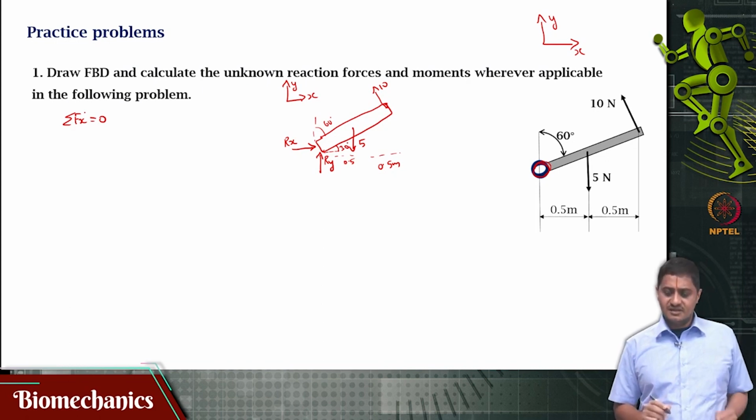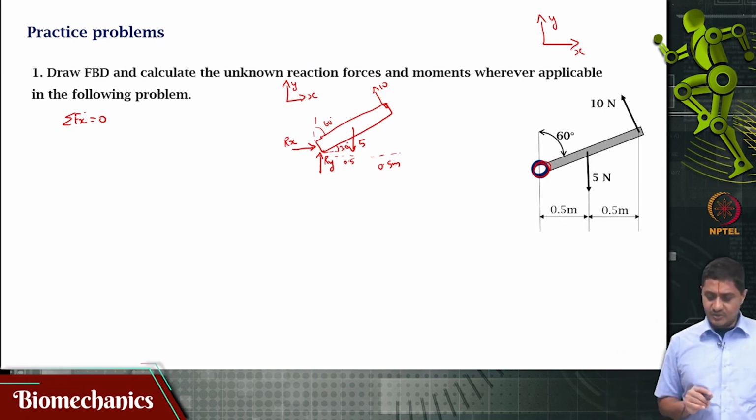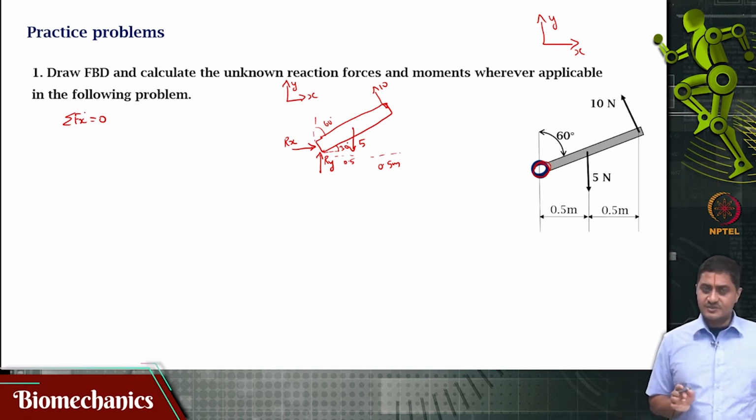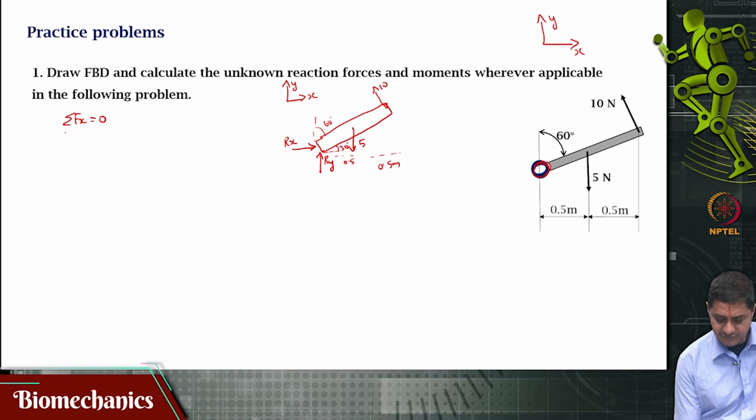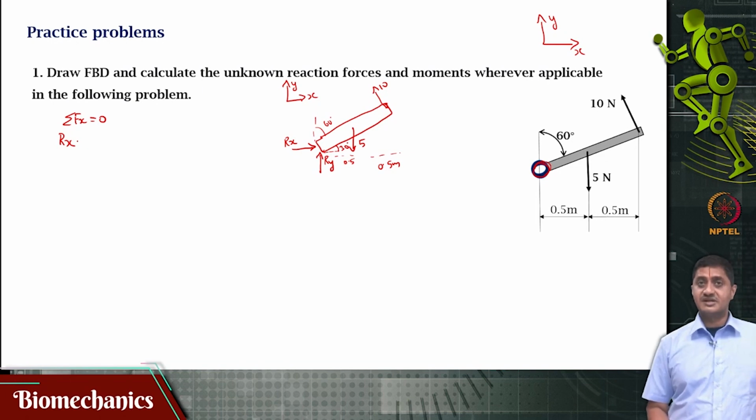This means that this object does not accelerate in the x direction. So, that means that the sum of all the forces in the x direction is 0. So, I am writing out sigma Fx equal to 0 and I am including the corresponding components of these forces in x. So, that would be Rx, which is in the positive x direction.